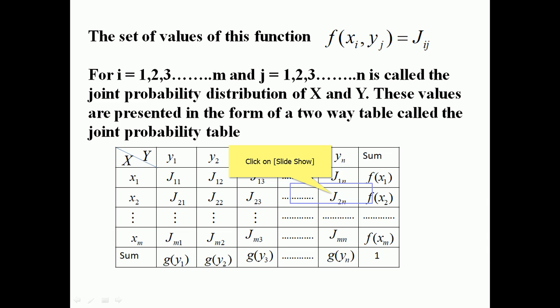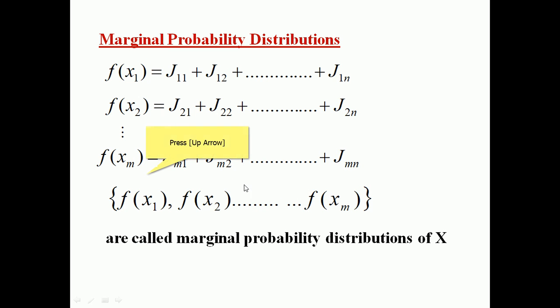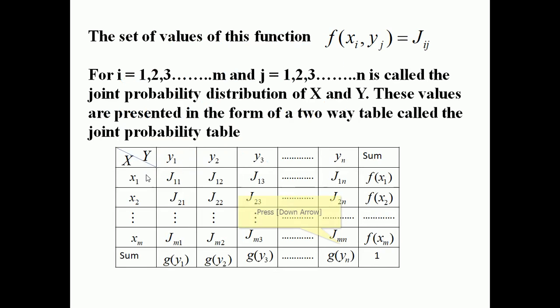The probability that x takes the value x1 and y takes the value y1 is J11. The probability that x takes x1 and y takes y2 is J12. The probability that x takes x1 and y takes y3 is J13, and so on, up to the probability that x takes x1 and y takes yn, which is J1n.